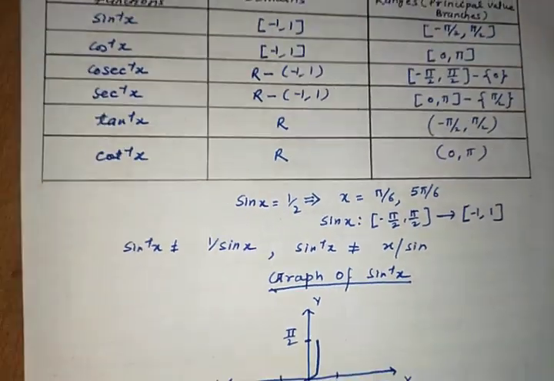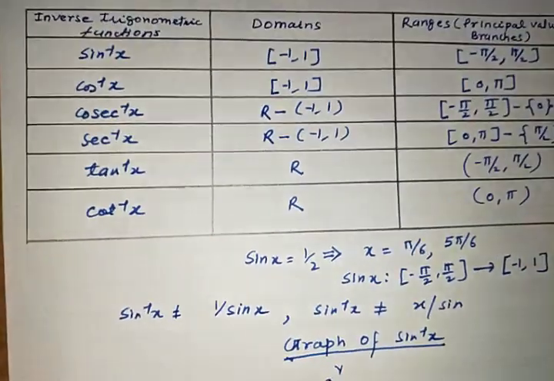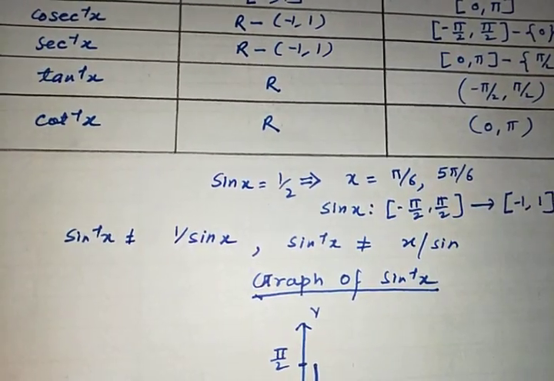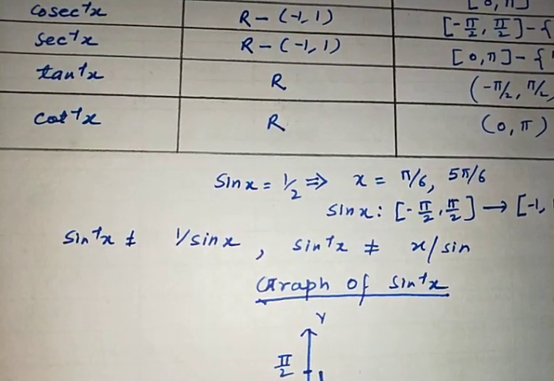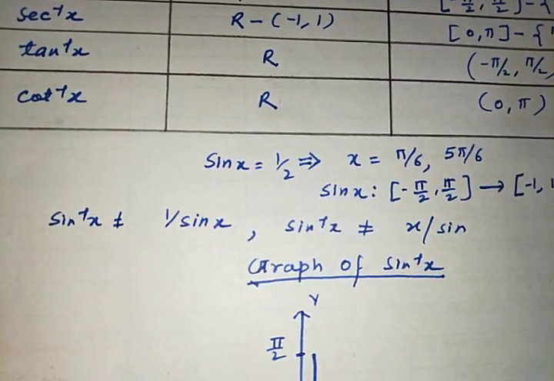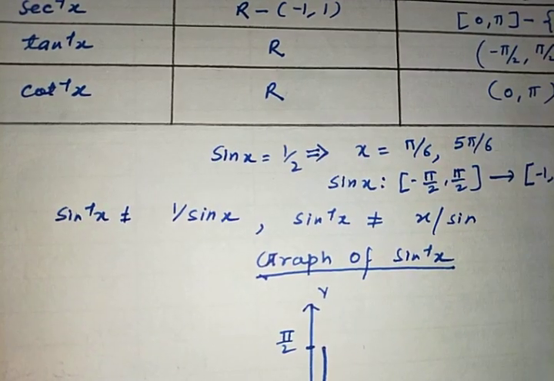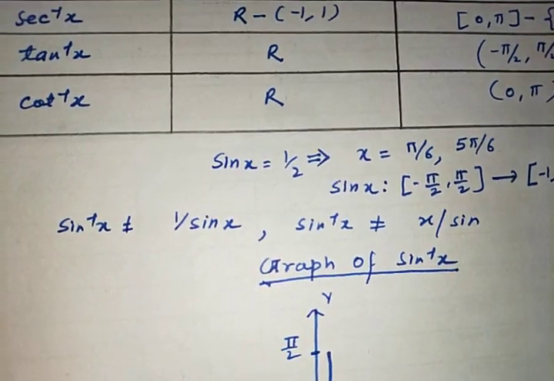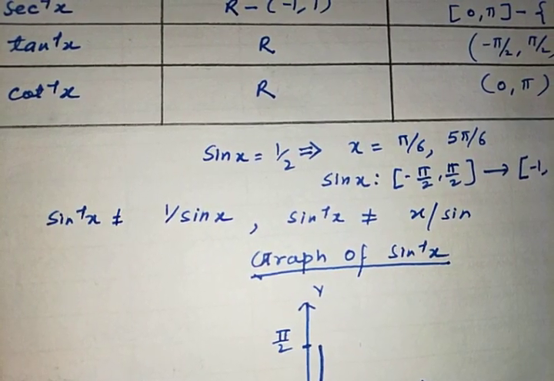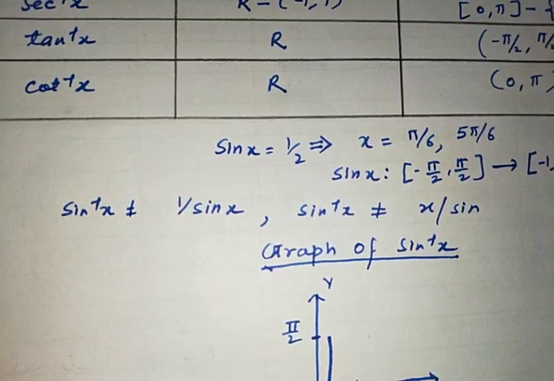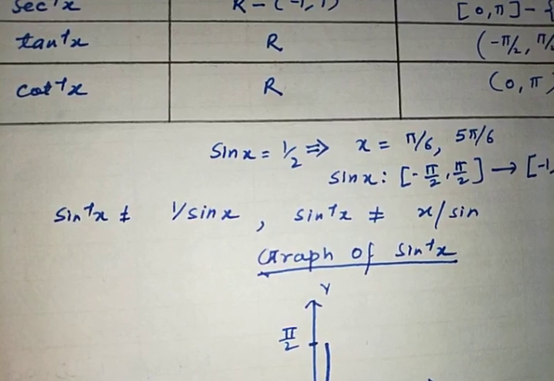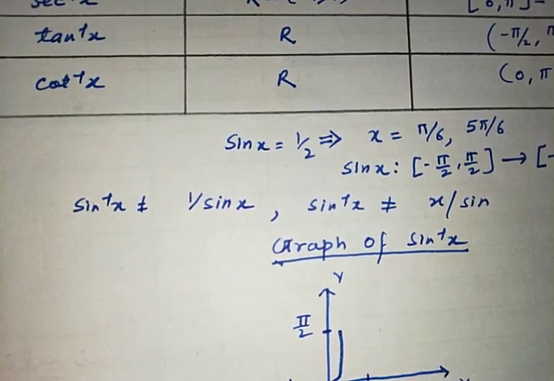Children, as our topic is inverse trigonometric function, for a function to be invertible, we must have a one-one and onto function. It seems from sin x is equal to 1 by 2 that it is not one-one, because 1 by 2 has two pre-images, that is pi by 6 and 5 pi by 6.